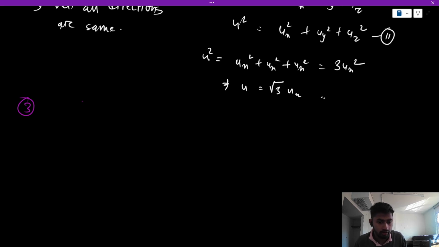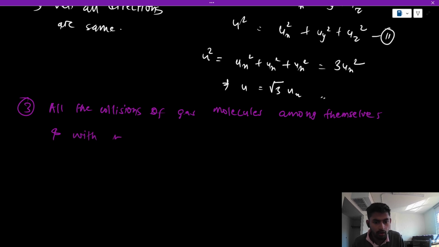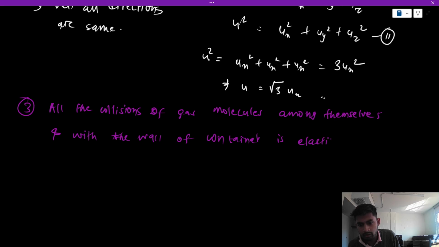The third postulate that needs to be considered is that all the collisions of gas molecules among themselves and with the wall of the container are elastic in motion.